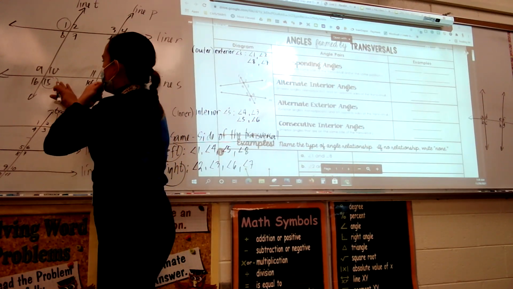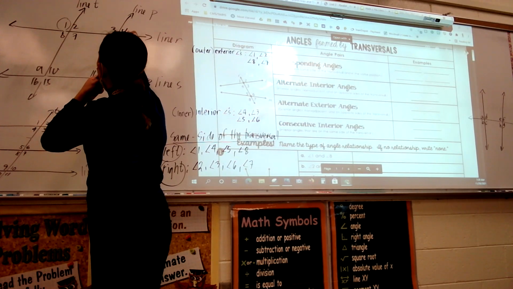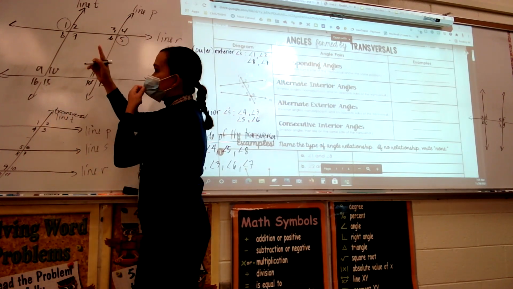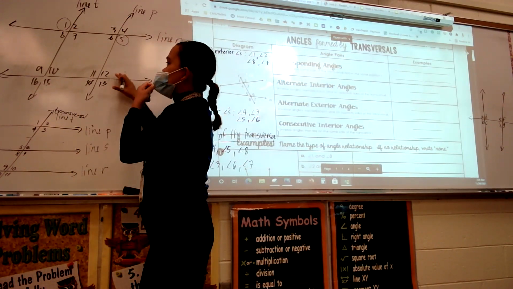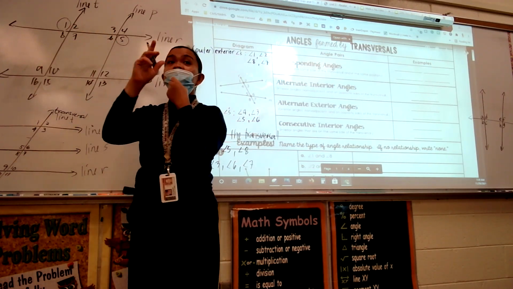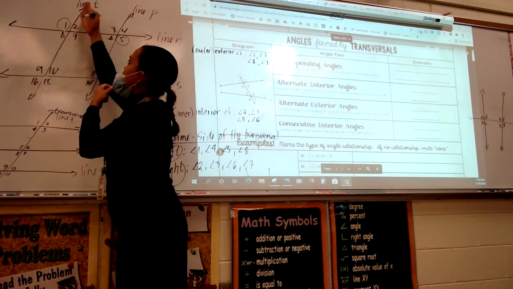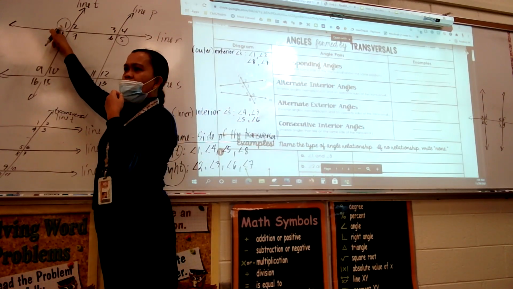If I use angle 1 and angle 5, my transversal is line R, and I'm not using line S. All of them can be a transversal as long as that line is bisecting 2 lines because of this angle pair.